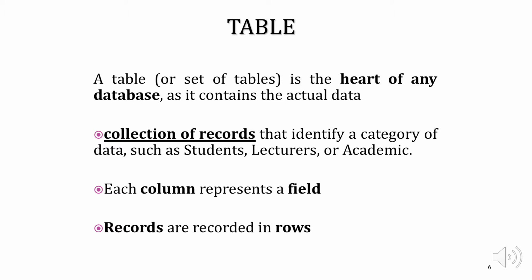So 40 rows in the table represent records. The column actually represents a field name, for example student ID, student name, the address, IC number.